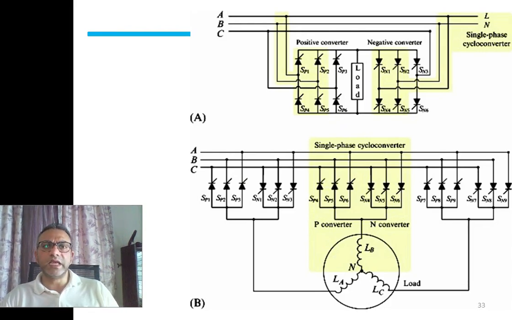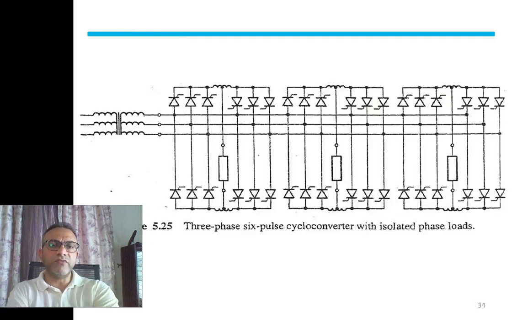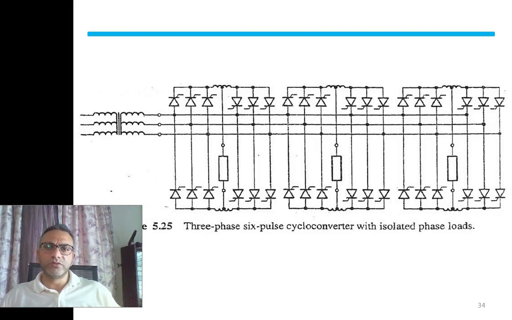For example, in the next slide, this slide shows a three-phase 6-pulse cycloconverter with isolated phase loads. So here each load is independent, as the name says, and to start with the circuit, we have an isolating transformer. We have one three-phase rectifier that provides the positive voltage waveform, and then another set of three-phase rectifier that provides the negative voltage waveform, and the load is connected with the help of two large reactors.